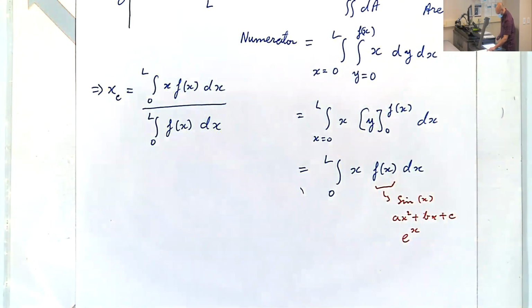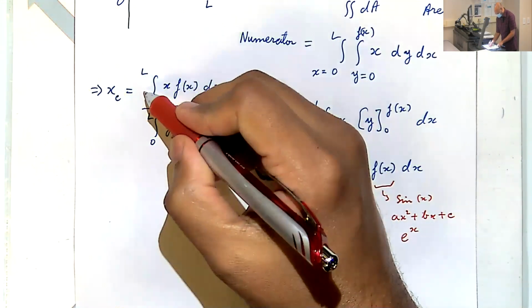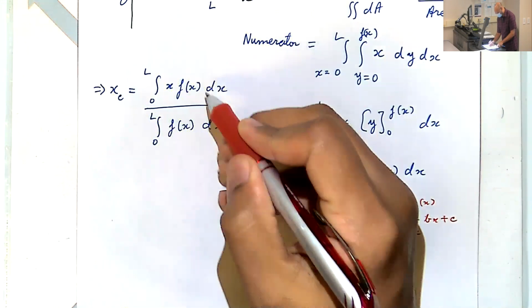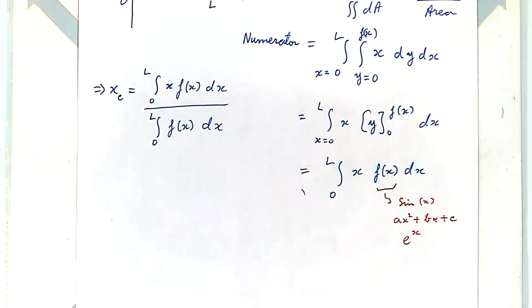Okay. Can we cancel stuff out? Yeah, you could cancel the integral from 0 to L of f of x dx. So we should cancel this guy, and this guy. Yeah, and you just have the integral from 0 to L of x dx.